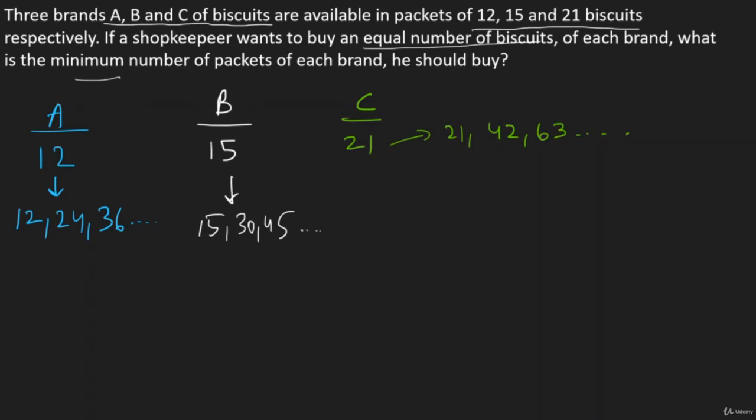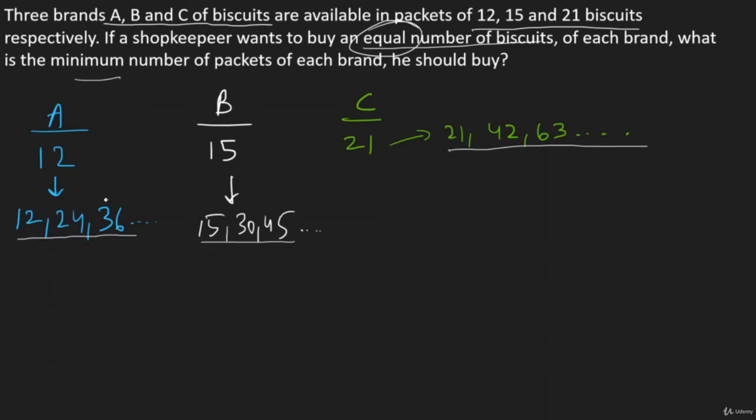Now, it said that this person wants to buy an equal number of biscuits of type A, B, and C. So whatever is the number of biscuits that he's going to buy, it should be part of this set of numbers, it should be part of this set of numbers, and it should be part of this set of numbers.